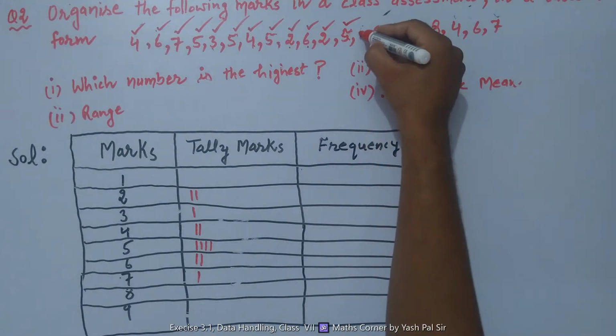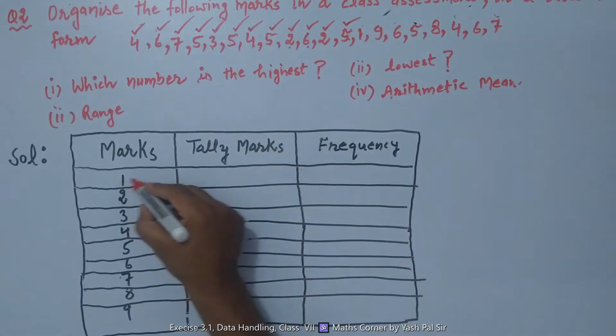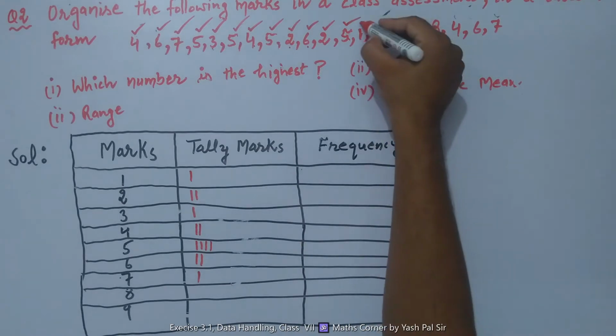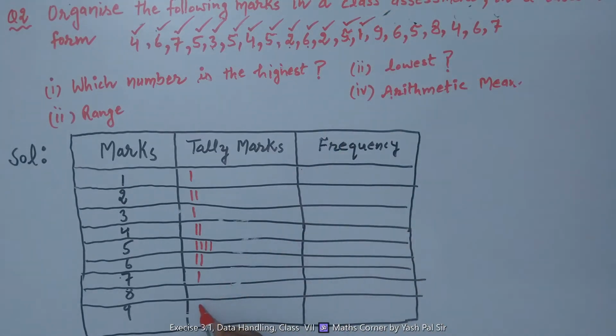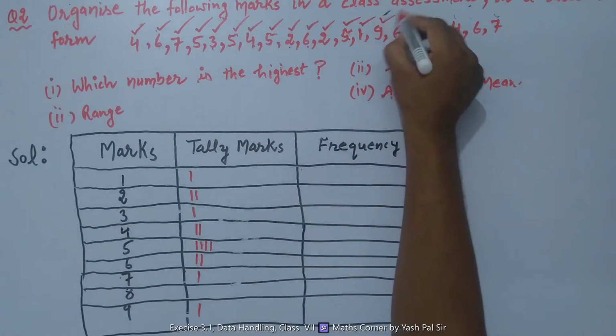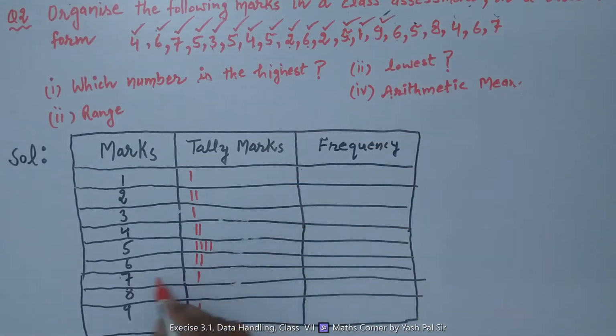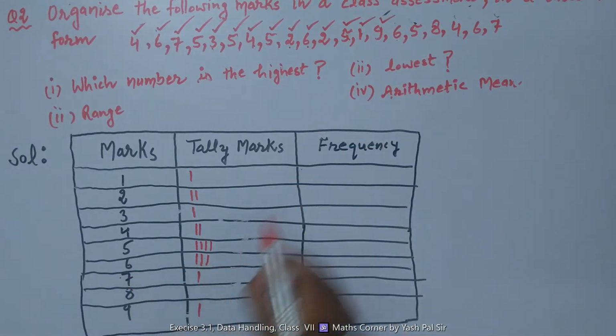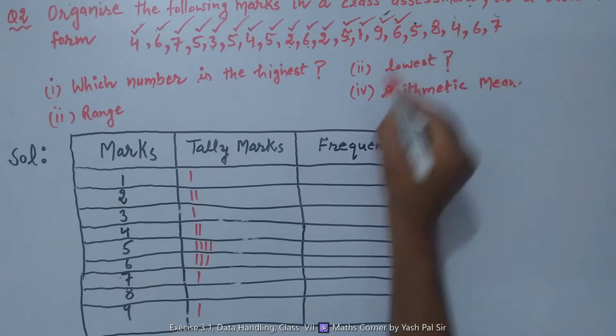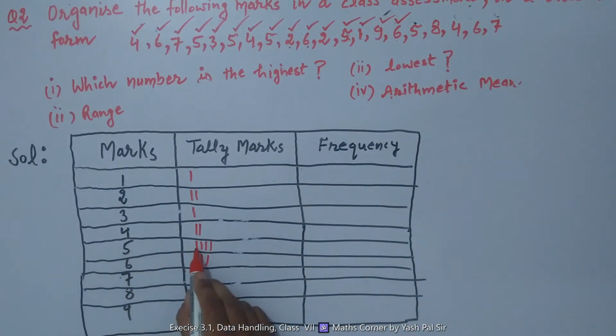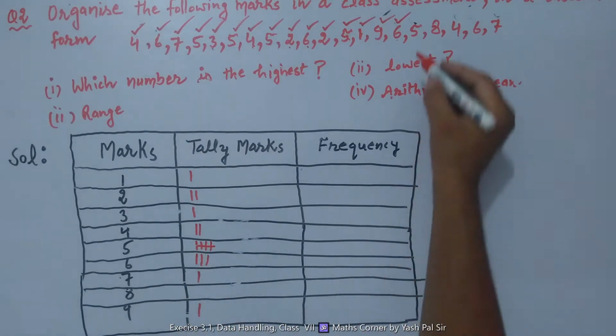Next we have 1, where is 1? This is 1. Next comes 9, this is 9. Now we have 6, here. Next we have 5, where is 5? After 4 we put this cut mark. This cut mark means 5, okay.